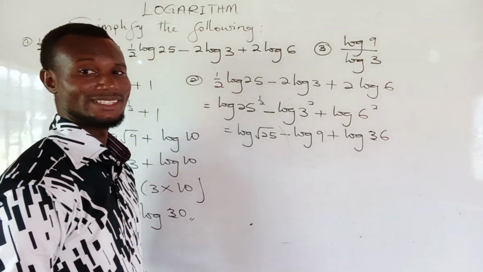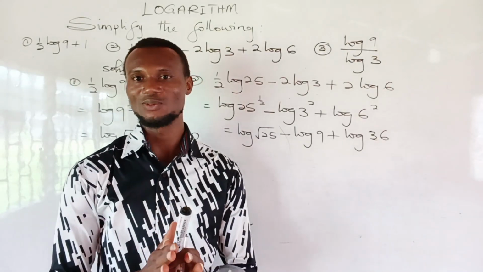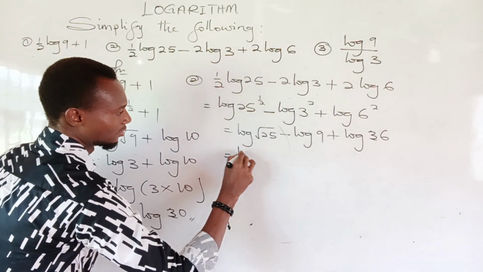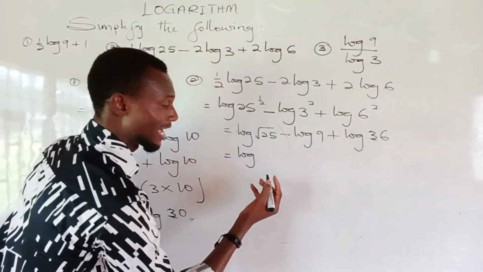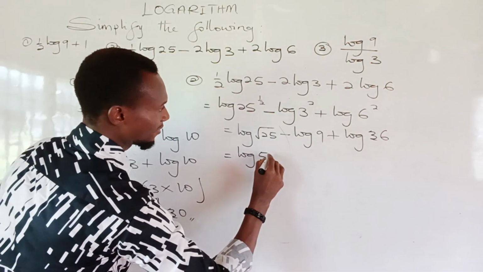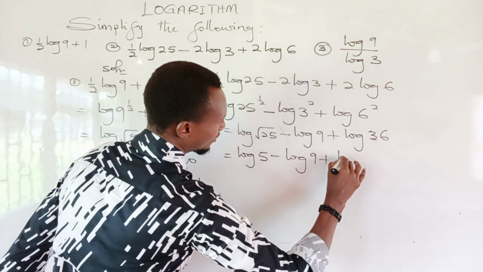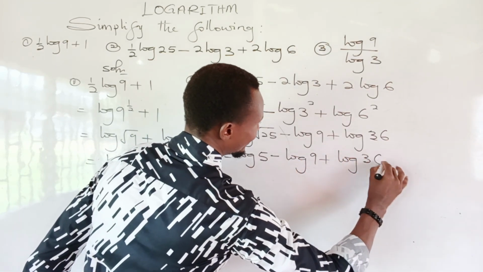I hope you understand and you agree with me up to this point. Let's go ahead and simplify further. So I'm going to have log square root of 25 is 5. So log 5 minus my log 9 plus log 36.